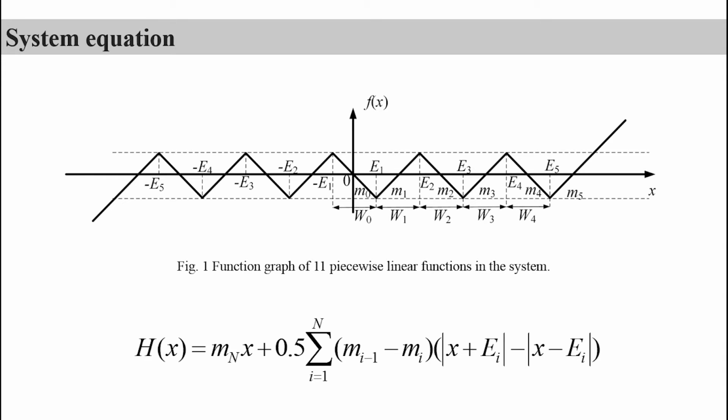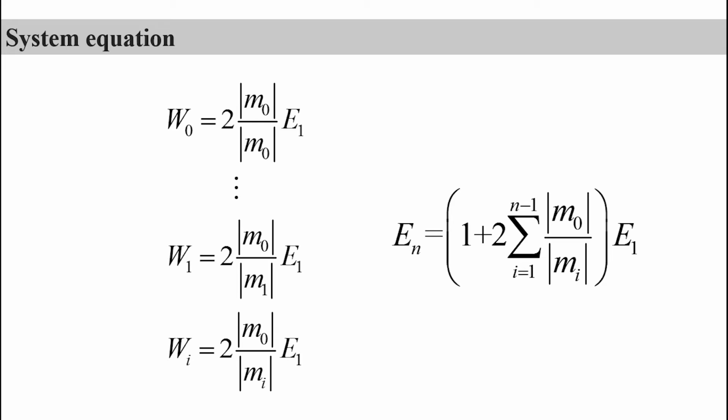In Figure 1, the turning point value is Ei. The width of the linear interval is Wi. The slope of each interval is mi, and the height of each turning point is equal. From this, the relationship between the width Wi of each interval and the first turning point E1 can be expressed as this.